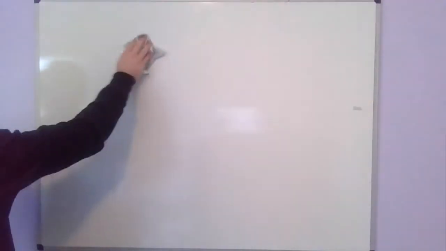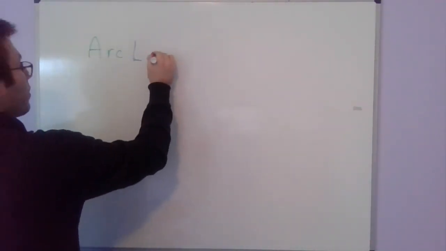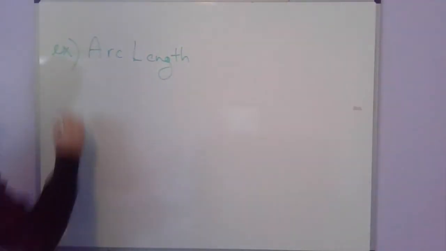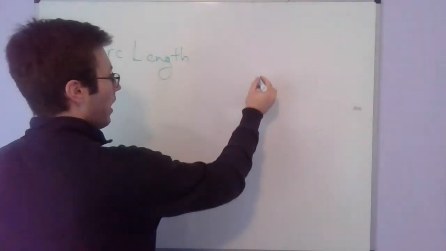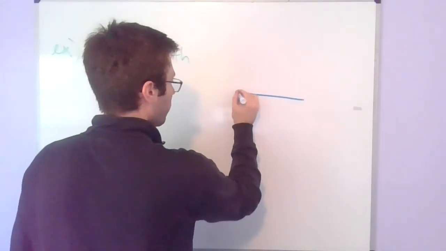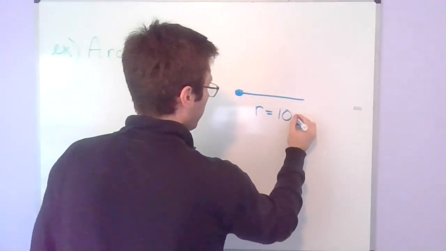All right, let's talk about one more. This will be the final arc length example. This is the best example. So let's say we have a circle and its radius is, let's make it, 10 inches.